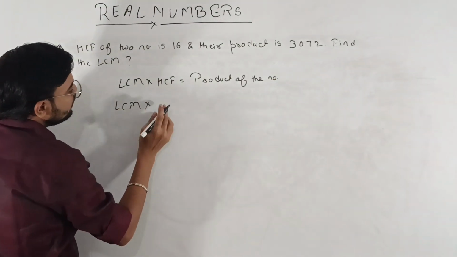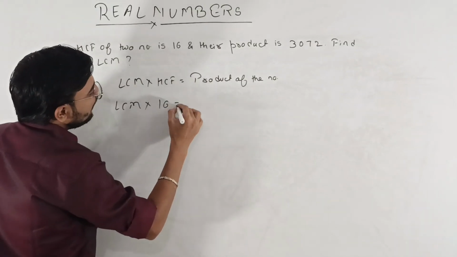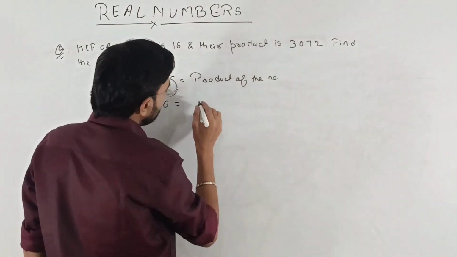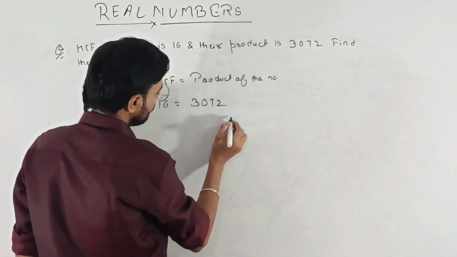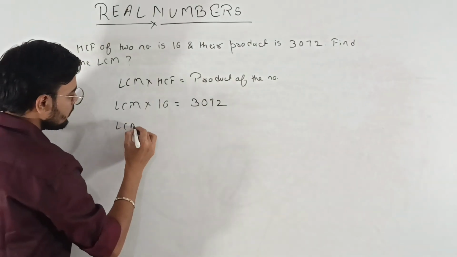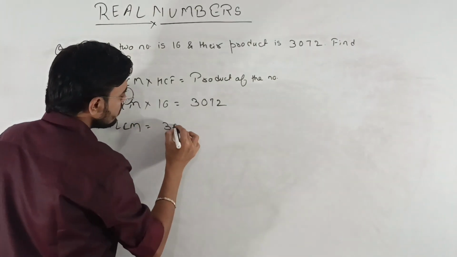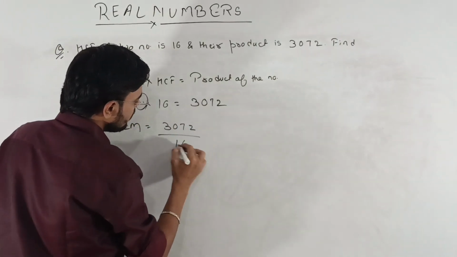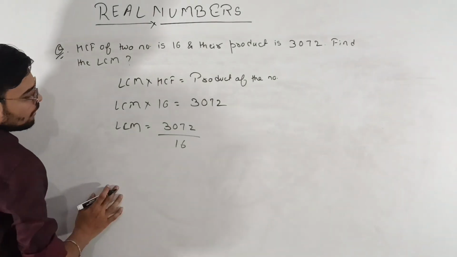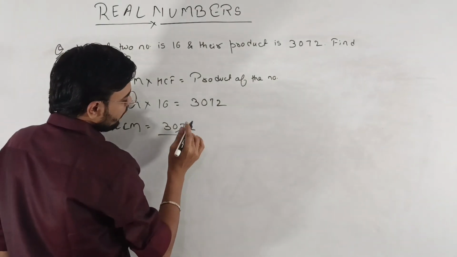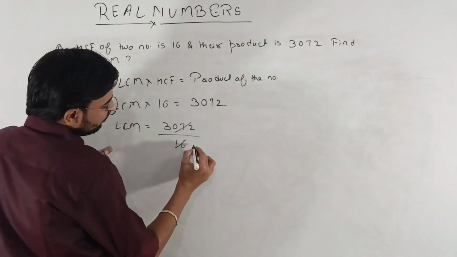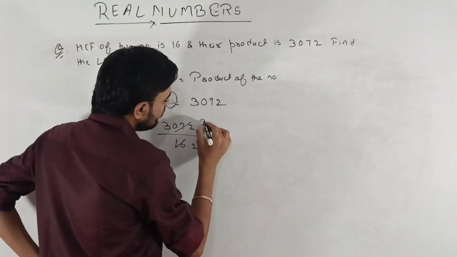Okay, now we have to find the LCM. Then LCM into HCF. HCF is 16 and the product is given, 3072. Now from this, LCM is equal to 3072 upon 16. Okay, now cancel this by 8. 8 twos are 16, 8 threes are 24.